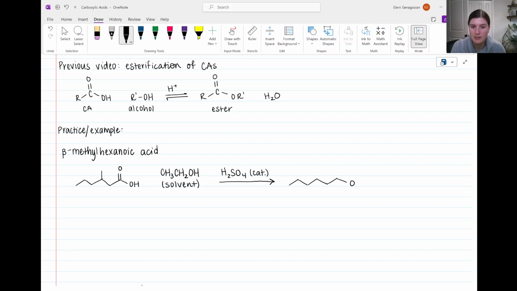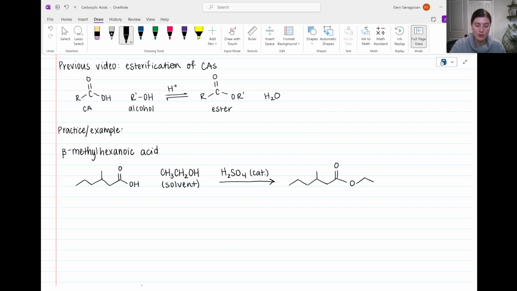It's from the solvent, but it's in the same location, so it looks about the same. Still have the carbonyl, and then now instead of a hydrogen bonded to this oxygen, where we only have one single bond to it right now, the carbon chain from the solvent is now bonded to that. So this is our ester product.